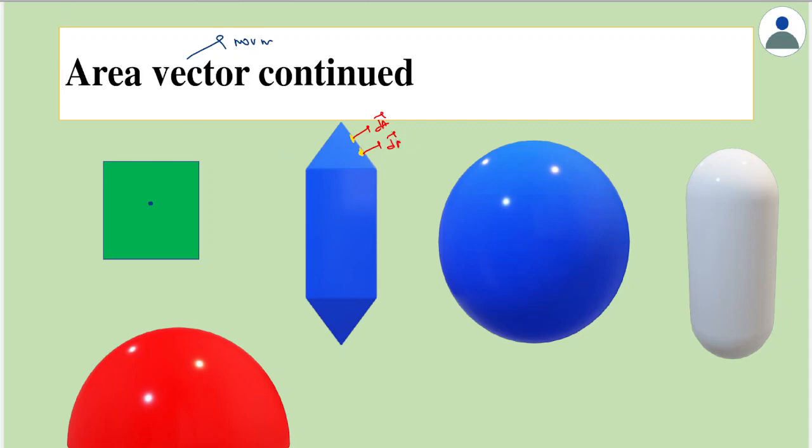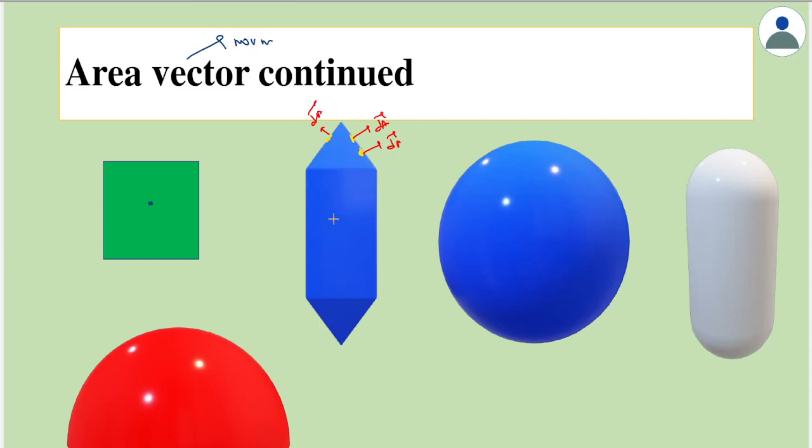But if you look at a small part somewhere here, it will go out normal to that area. So you would find that for these small regions, they have the same directions. But for the entire part, it's more like a cone. The entire conical part has different directions.